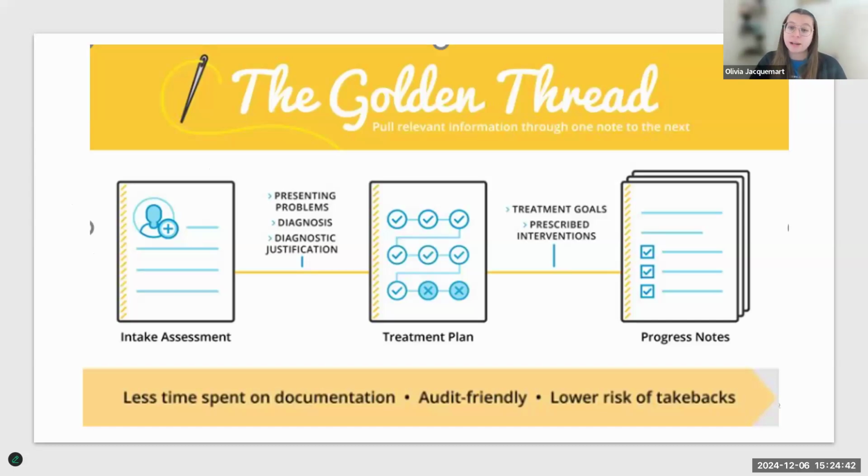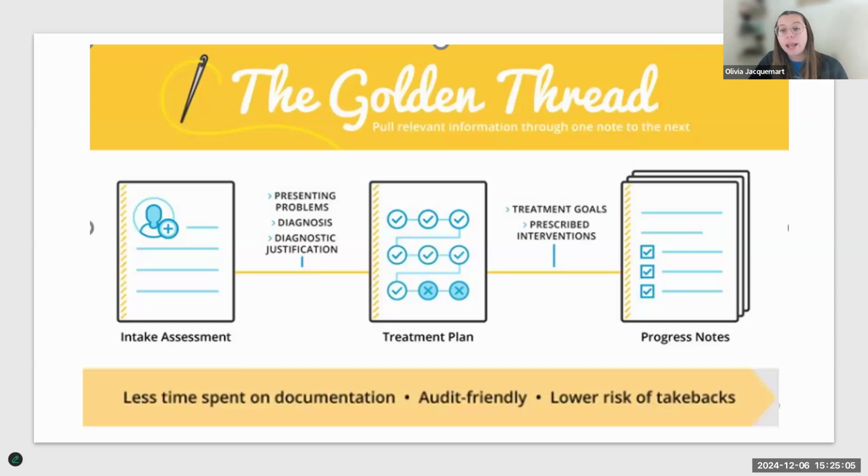If the golden thread is maintained, documentation will support each decision, intervention, and note, contributing to a full, complete record of client care that reflects your work with integrity. It's also respectful of client confidentiality and will pass an audit. This will get reimbursed then by insurance companies.